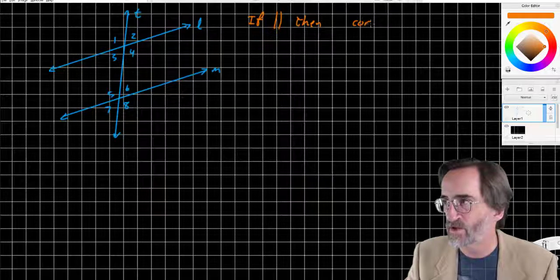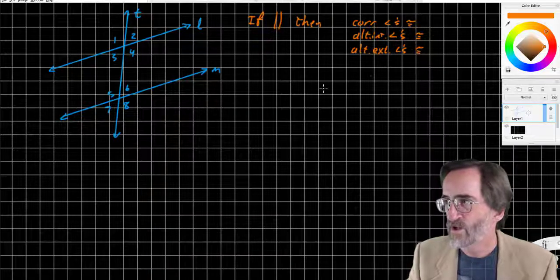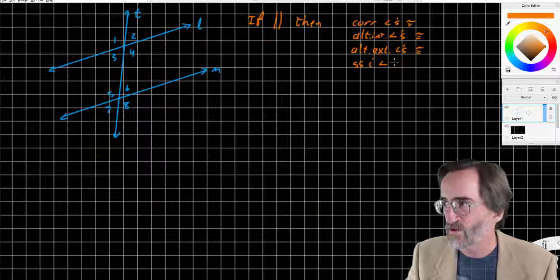Corresponding angles are congruent. Alternate interior angles are congruent. Alternate exterior angles are congruent. Same side interior angles are supplementary.